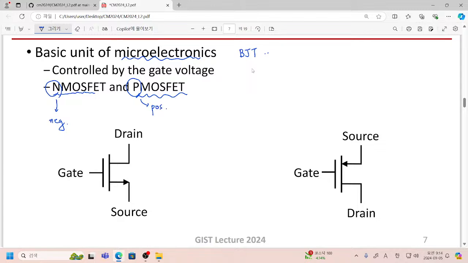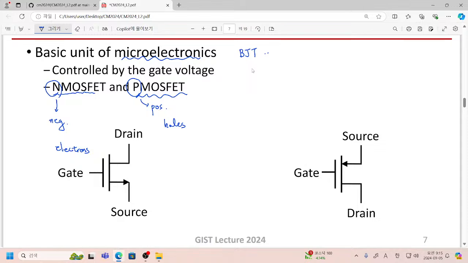Usually N is reserved for something related to electrons, and P is related to holes. Because they are charged in a negative way or positive way, that's the reason why we call them N MOSFET and P MOSFET.